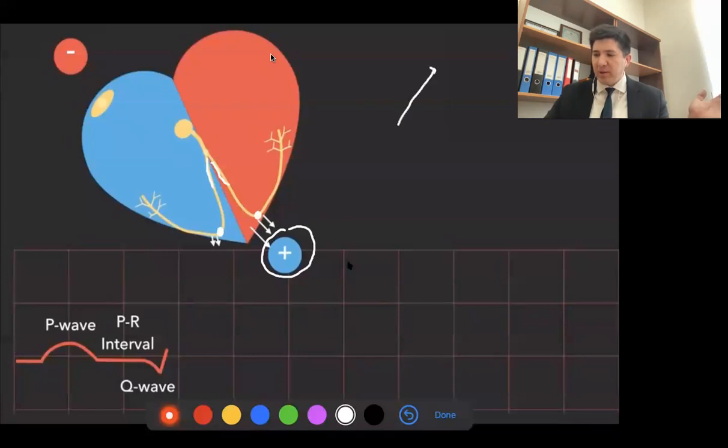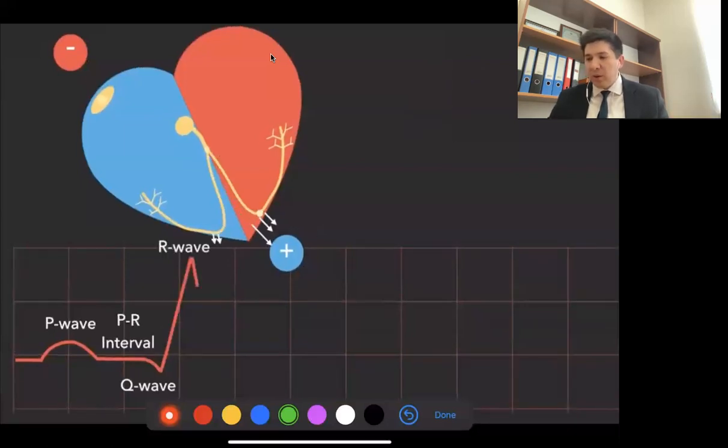If you've got, for example, this vector and this vector, you can add them geometrically, and this is going to be called the mean vector. And the mean vector now is going to be the dipole vector. It is moving again in the direction of the plus, right? So that is why we are going to have this R wave.